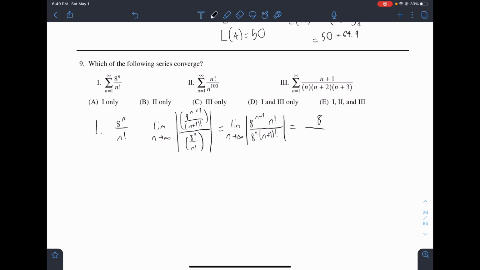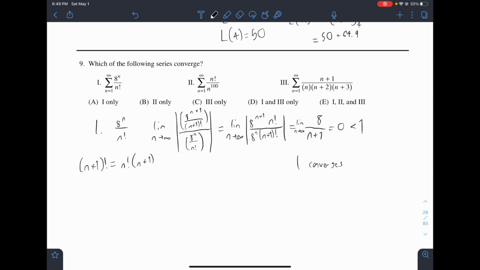For the factorials, n plus 1 factorial equals n factorial times n plus 1. That's just the formula for what a factorial is. So we can take out an n factorial and leave n plus 1 on the bottom. Taking the limit as n goes to infinity, it's the same as 8 over n going to infinity, which obviously goes to 0, which is less than 1. So 1 converges.